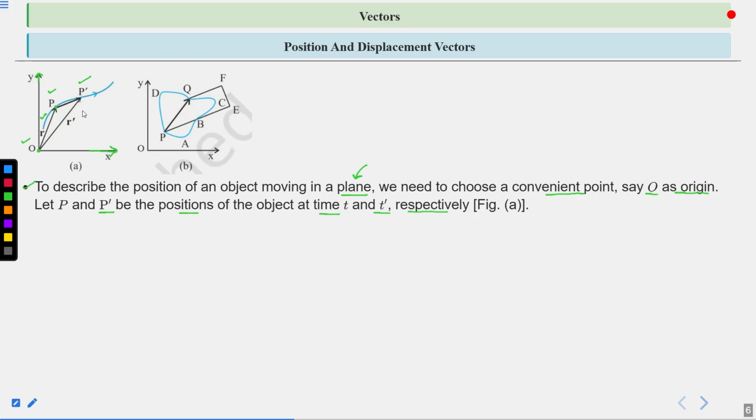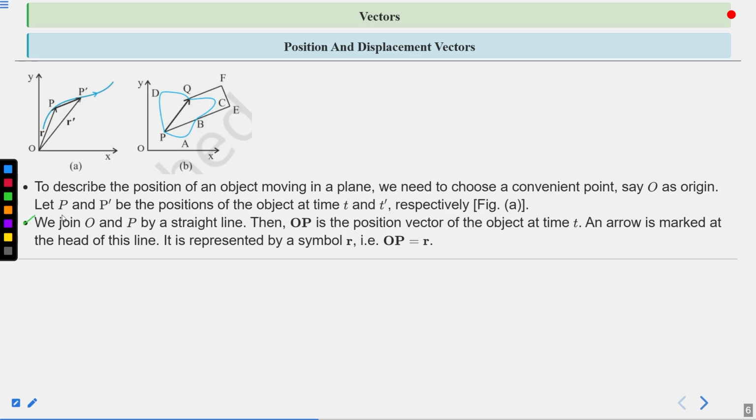Now, what about the displacement vector? We join O and P by a straight line. Then OP is the position vector of the object at time t, and an arrow is marked at the head of this line. Now it is represented by the symbol R. So OP equals R. This is only the position vector.